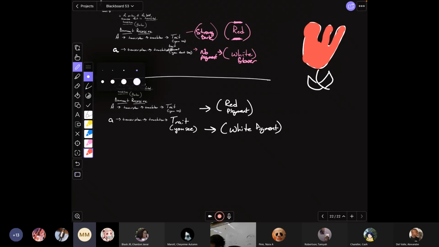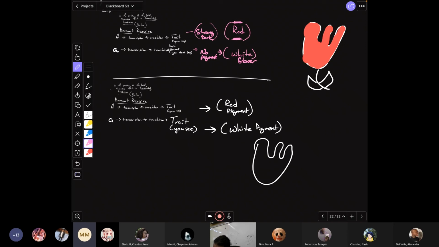So in this case, there's two possible things that can happen if you're going to get both of them. You could have a flower that is pink. This is a mix in between, because you're mixing red with white.